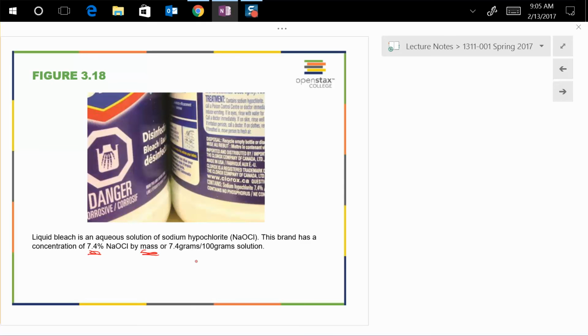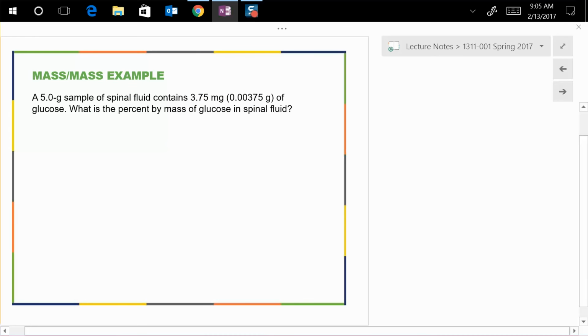So this is a mass per mass percent solution, right? And often that's how you'll find things in the grocery store, in mass per mass. Vinegar's the same way, mass per mass percent. Okay? A 5-gram sample of spinal fluid contains 3.75 milligrams of glucose. What is the percent by mass of glucose in the spinal fluid?